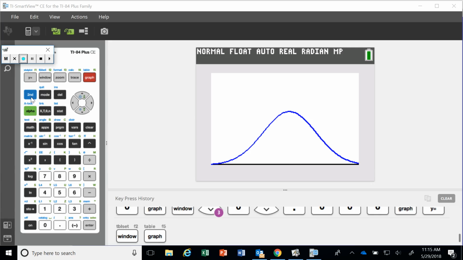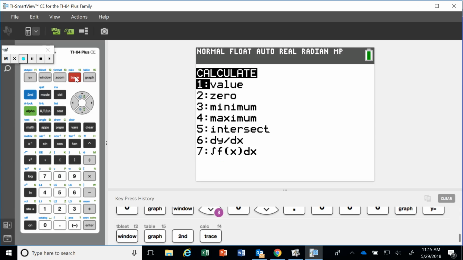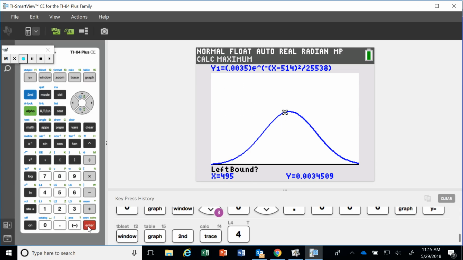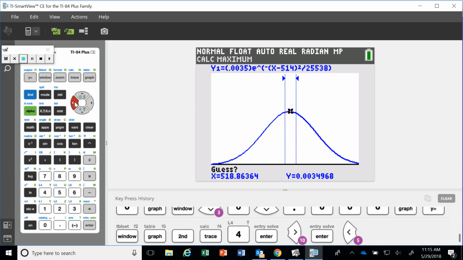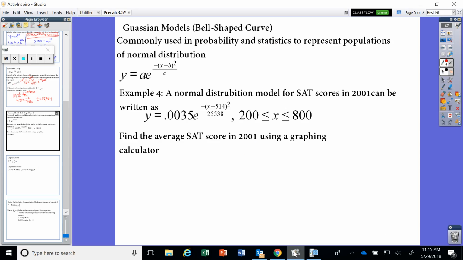So we can use our second calc function to find out where that maximum value is. What we find is that the maximum value is at about 514. So x would equal 514, and that would be the average SAT score for 2001.